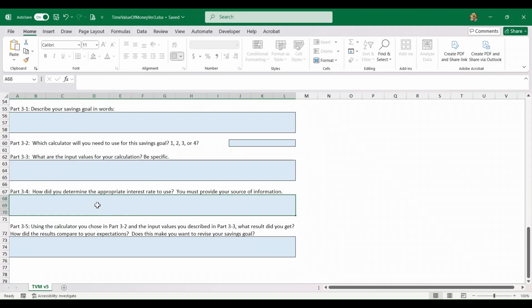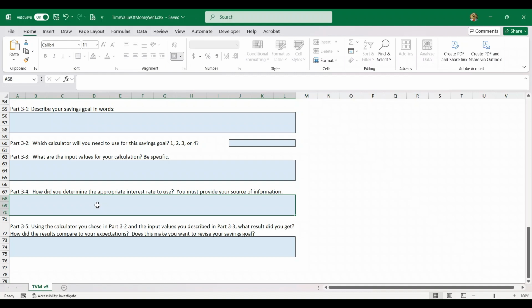Part 3.4 asks you specifically to tell me how you figured out the interest rate. You cannot just say, oh, Mr. Isaac used 3% as the default, I'm going to use that. No, you need to go out and investigate what interest rates you can earn. Are you going to put your money in a savings bank?